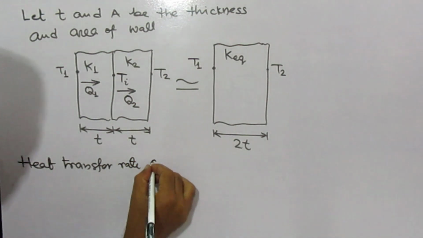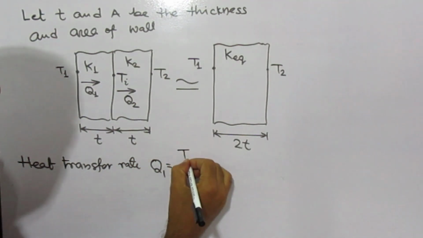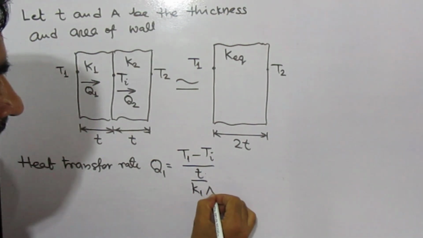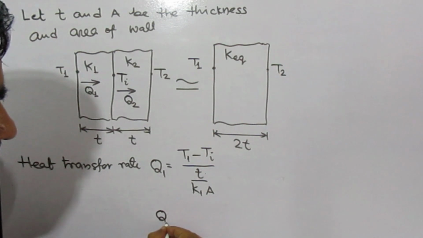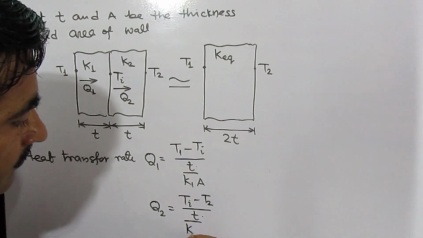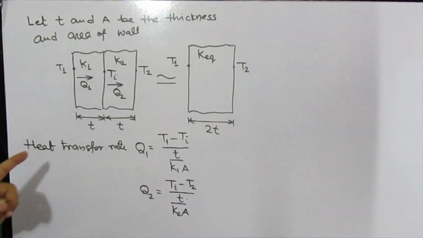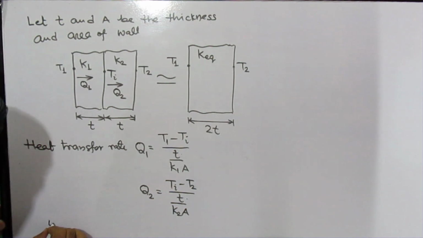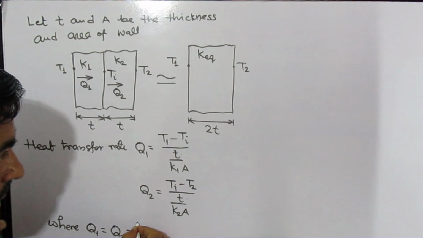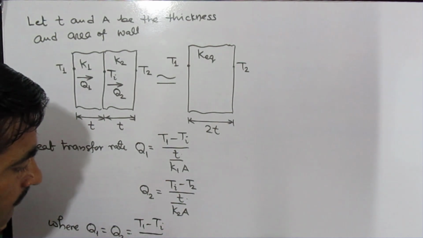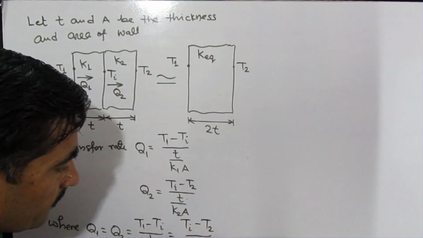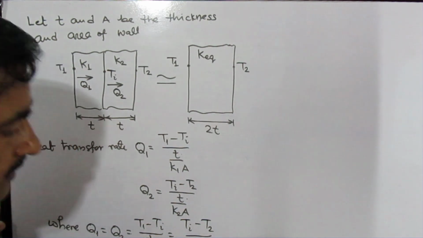Now heat transfer rate Q1 equals temperature difference T1 minus Ti upon T upon K1A, and Q2 equals Ti minus T2 upon T upon K2A, where Q1 equals Q2. So T1 minus Ti upon T upon K1A equals Ti minus T2 upon T by K2A.